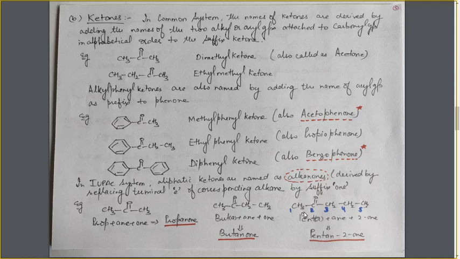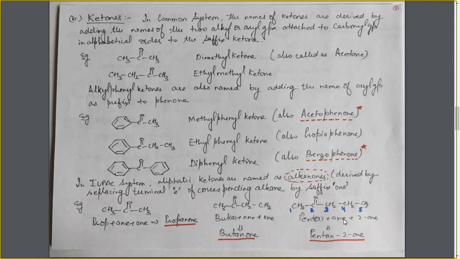So for this we will number the carbon chain as 1, 2, 3, 4, 5 from this side, because it gives the smallest number to the functional group. So the name becomes pentan-2-one. As we have discussed earlier, if there are vowels at these 2 positions, then the first vowel will be neglected. So the name becomes pentan-2-one.